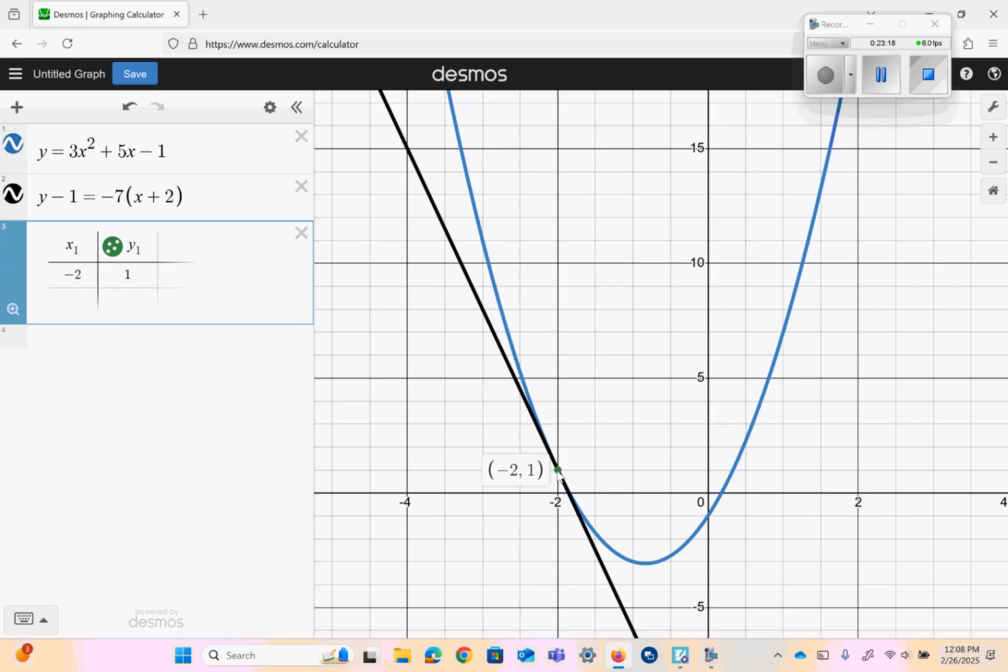So if you're given a value, you have to find out what value would have existed on the parabola. That's why we took the -2 and plugged it back into our original. Then we use that value, and you have to find the slope. So you take the derivative, plug that in, and find the slope of our linear equation.